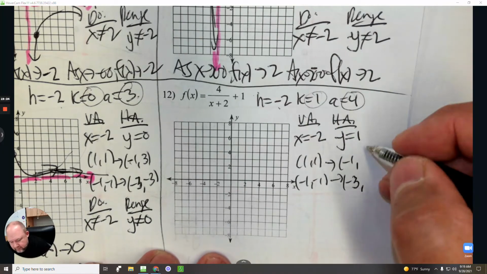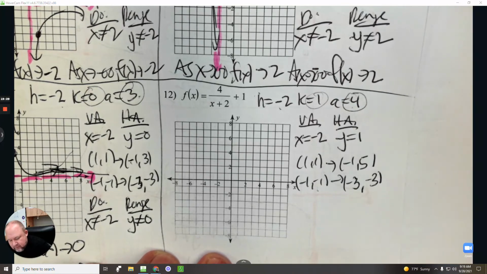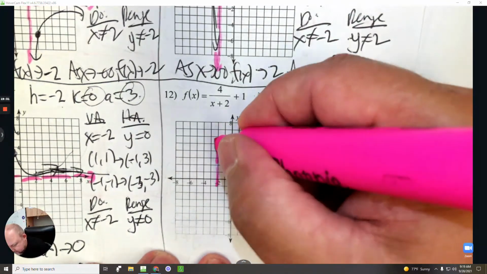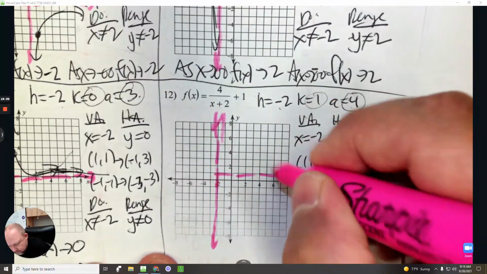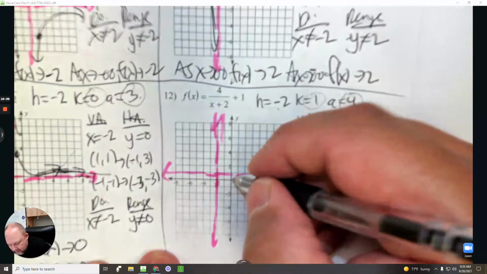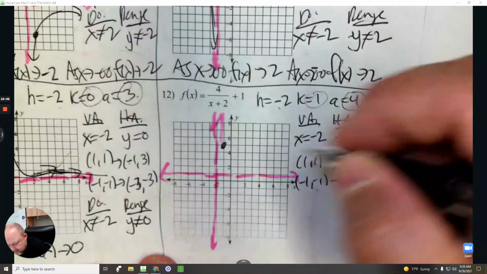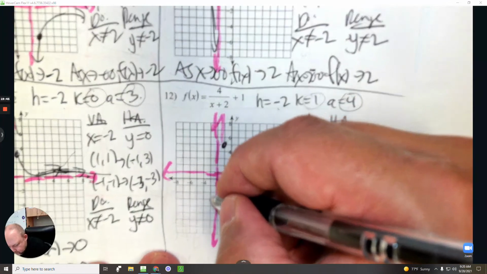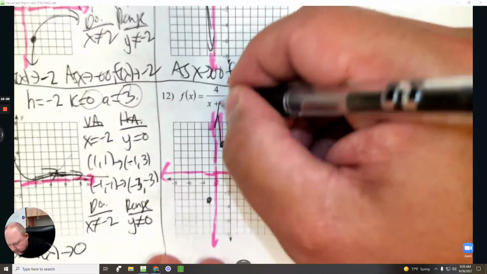So that's 4 plus 1 and negative 4 plus 1. And that's what's going on my graph. So negative 1 and 5, and negative 3, negative 3. And then draw the curve that goes through these points.